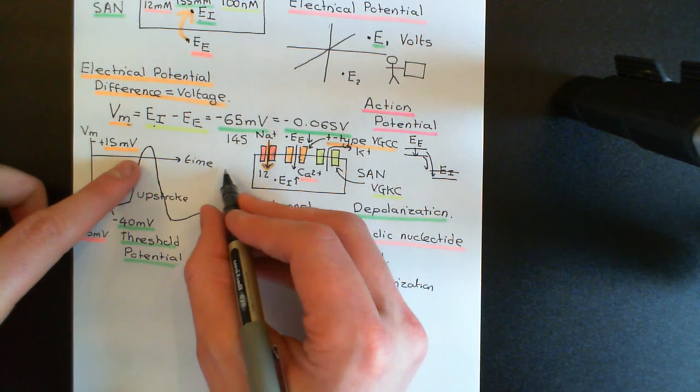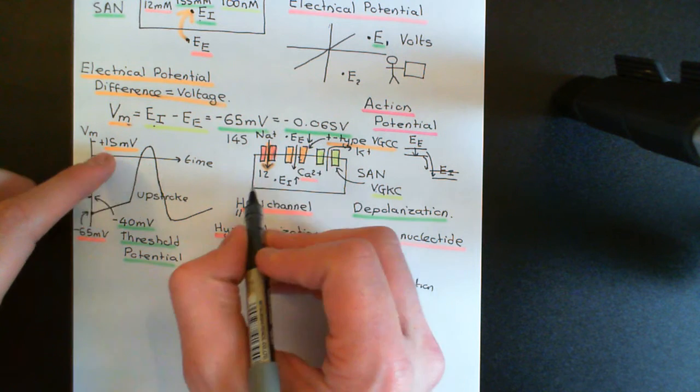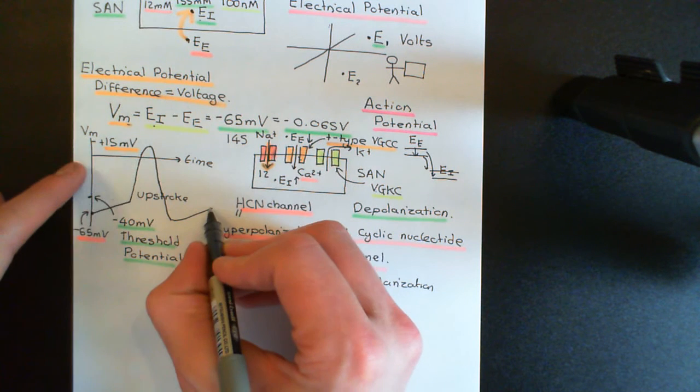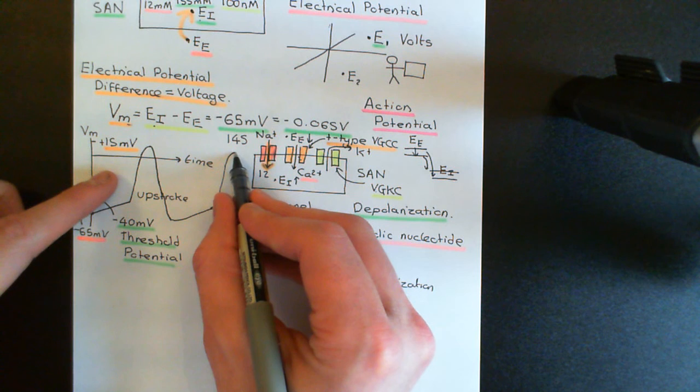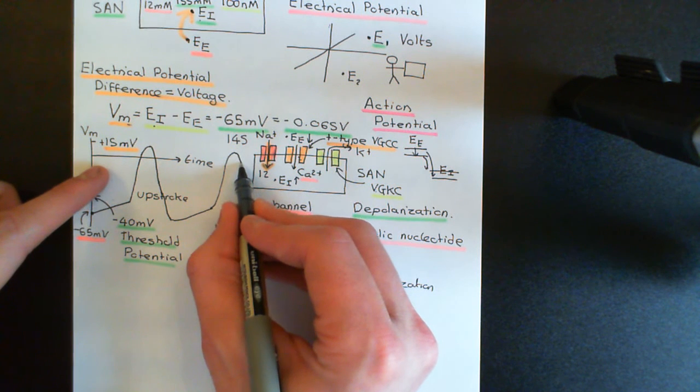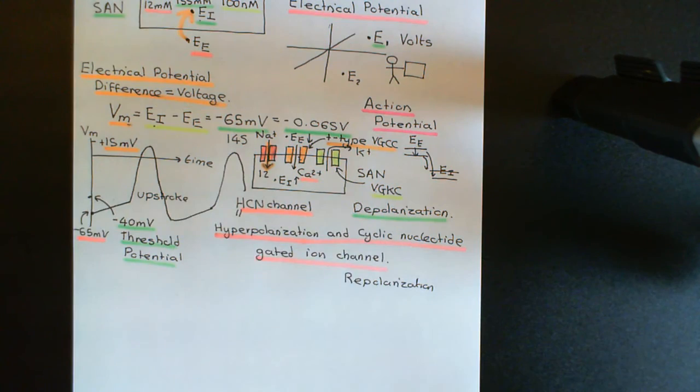When you get up to negative 40 millivolts, that will open the T-type voltage-gated calcium channels. Okay, you'll have the upstroke, which I'll try and draw here. And then they will close once we've got up to plus 50 millivolts, and the voltage-gated potassium channels will open again, and then you'll have another one here. Okay, another repolarization phase here.